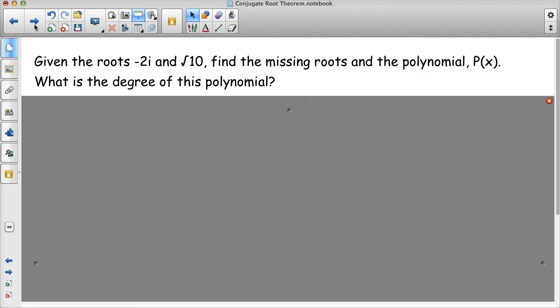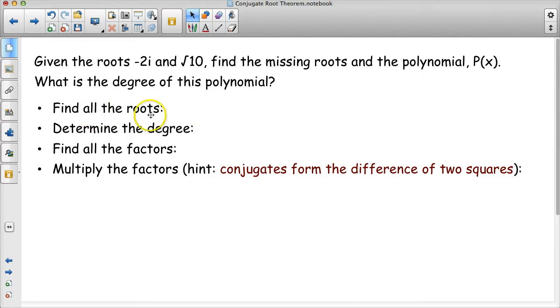First, I want to think about this. What is the degree of this polynomial? Well, remember we said that if we were given imaginary roots, they have to come in conjugate pairs. Irrational roots also come in conjugate pairs. So let's talk about this. We want to find all the roots. Well, we know the roots that were given, and we know they come in conjugate pairs.